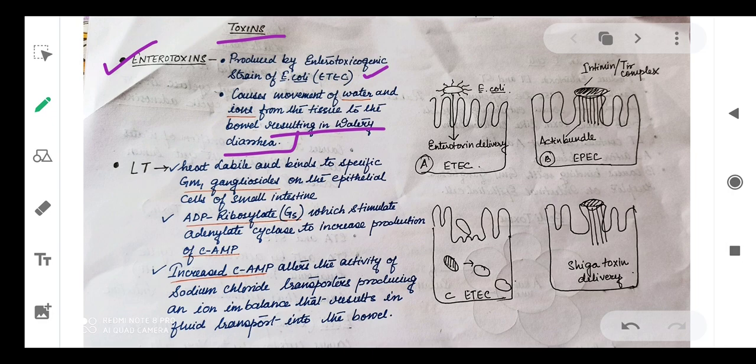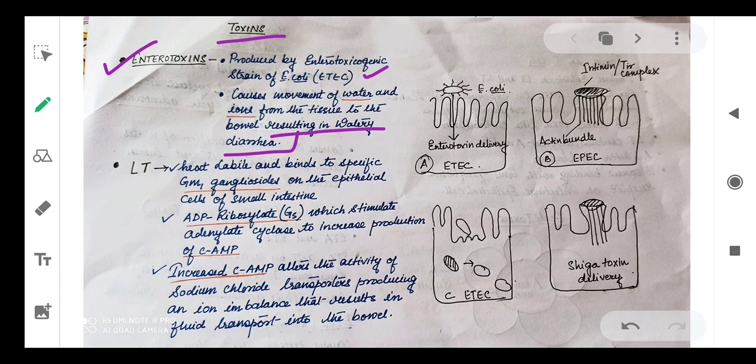If you remember, students, we have discussed cholera, the cholera toxin, which oozes out the electrolyte from the cell into the lumen, resulting in watery diarrhea. The same kind of activity is done by this enterotoxin.